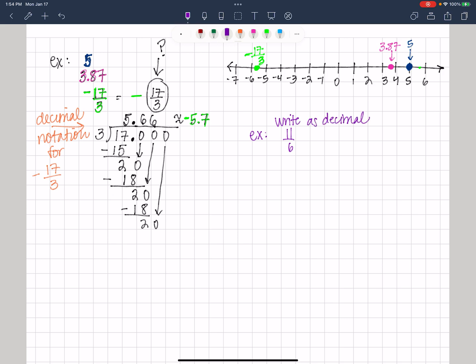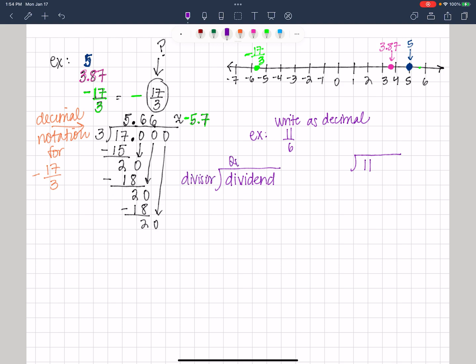So we're going to actually do the division. We're going to take 11, make it the dividend that goes inside. I'm going to write that out for you. The dividend is on the inside. The divisor is on the outside.